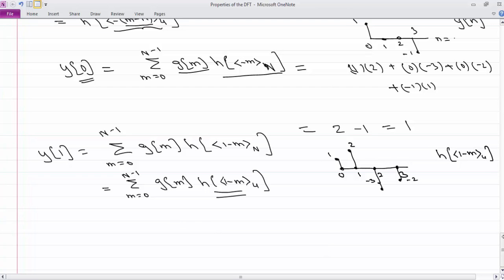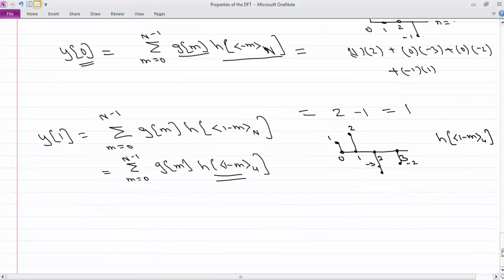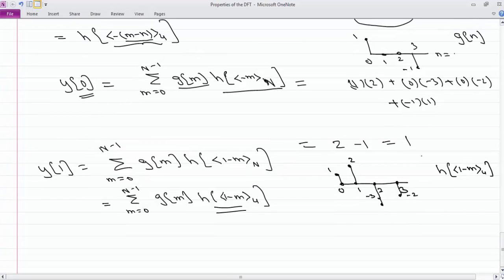And after that, all I have to do is again the same thing. I multiply this. I am fixing gn in this example. Right? So my gn always remains fixed. I can just make it gm just to change the index, but it's the same signal. So again, to calculate y1, I just do point by point multiplication and then add them all up.